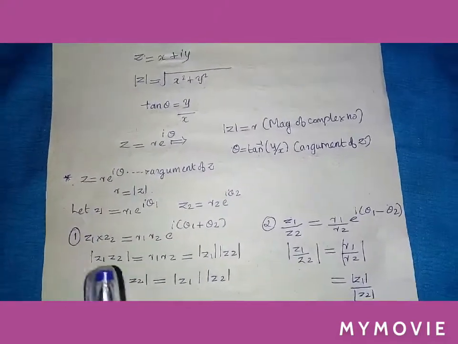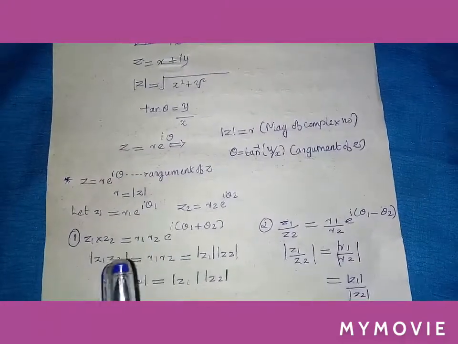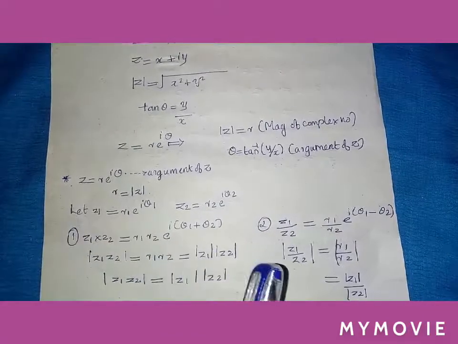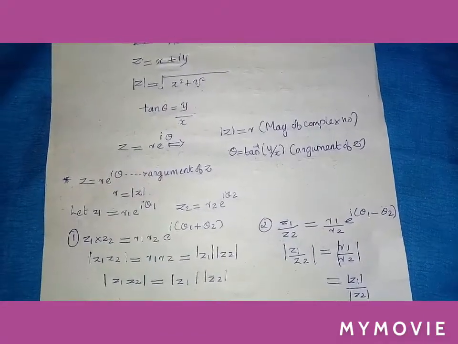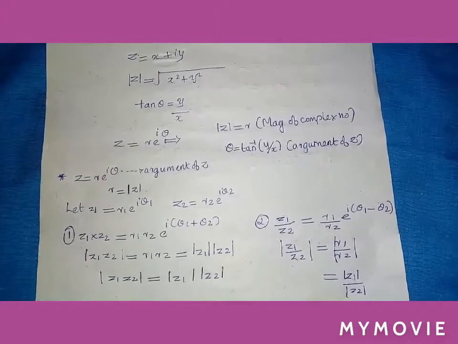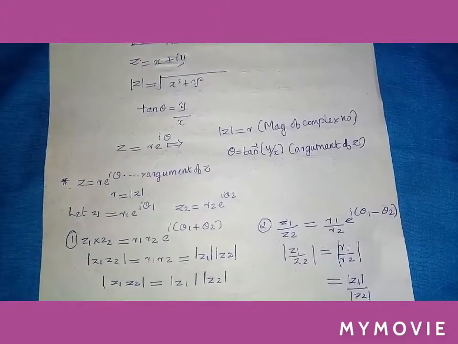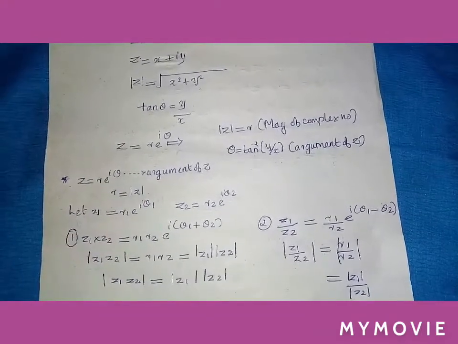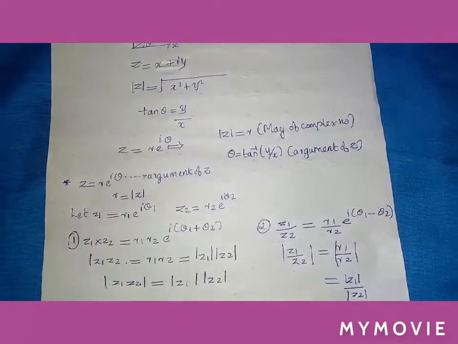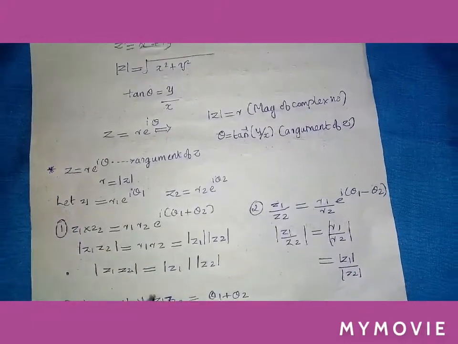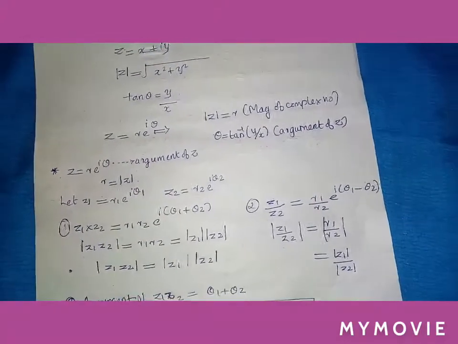In z1 cross z2, that is z1 into z2, that is r1 r2 e raised to i theta 1 and e raised to i theta 2, that is e raised to i into theta 1 plus theta 2. From that we know that the magnitude of e raised to i into theta 1 plus theta 2 is 1. So mod of z1 z2 is equal to r1 r2, that is mod z1 into mod z2.